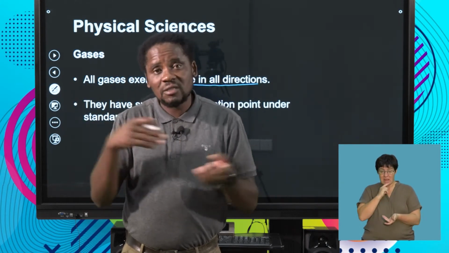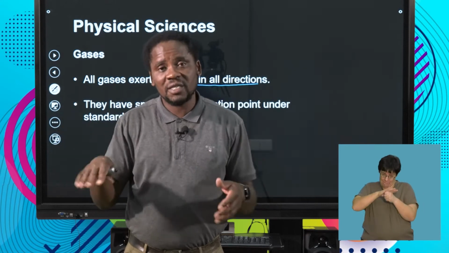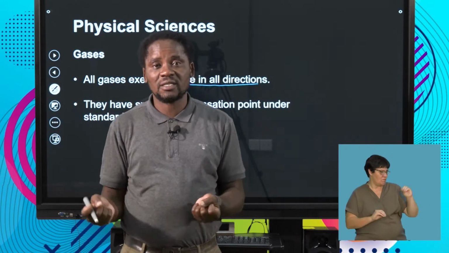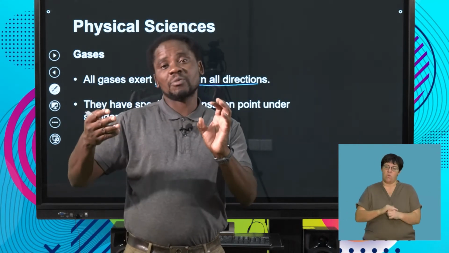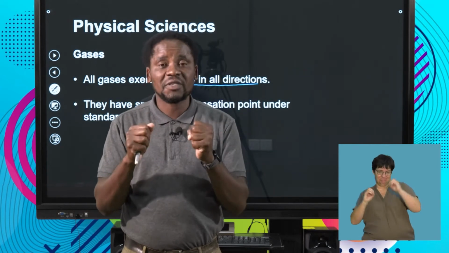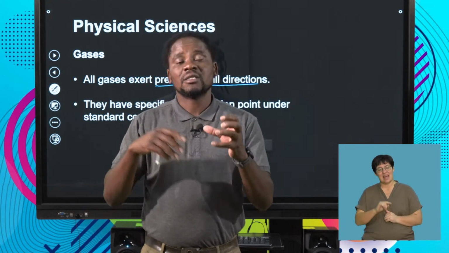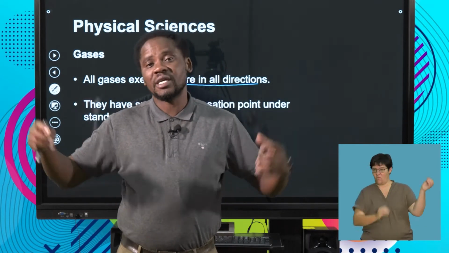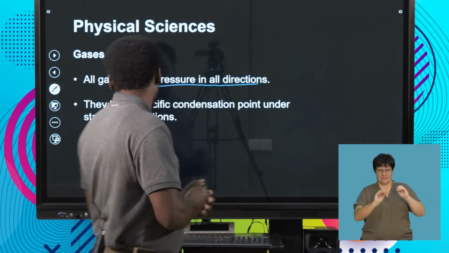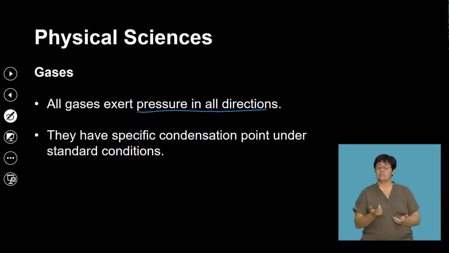So the faster these particles move, the greater the pressure, and it has a lot to do with the energy of movement of these particles. But remember, all this is possible because there are weaker forces between the particles of a gas. As a result, there is a greater extent of movement, and there are a lot of spaces in between these particles, right? And also, we can safely say that they have a specific condensation point under standard conditions.